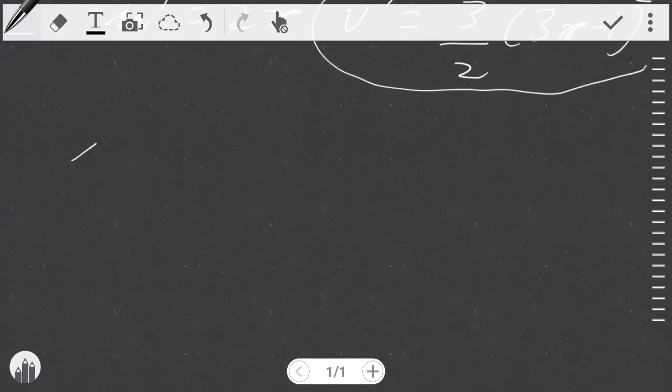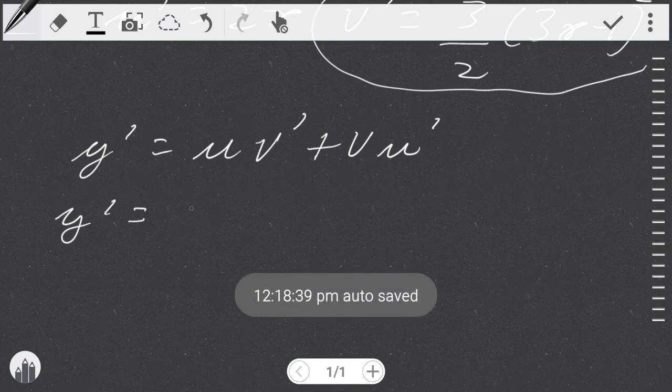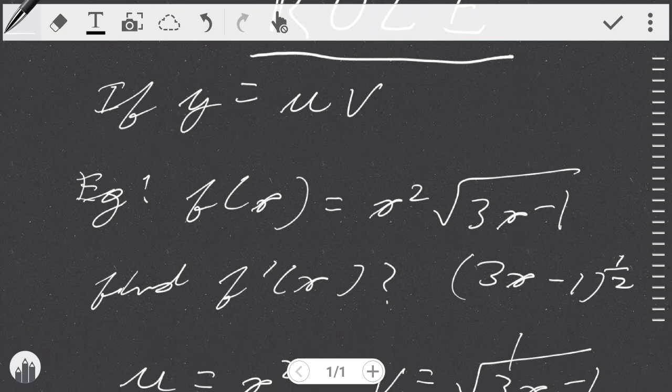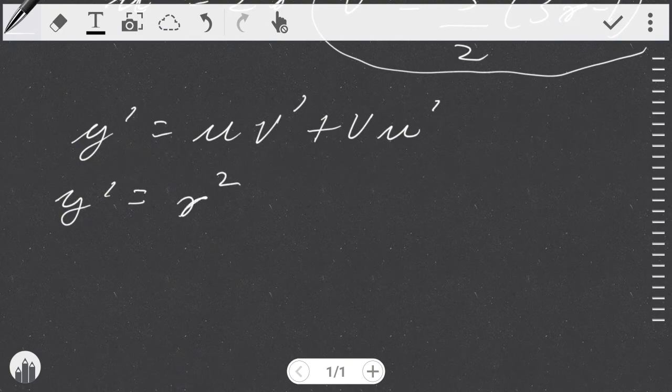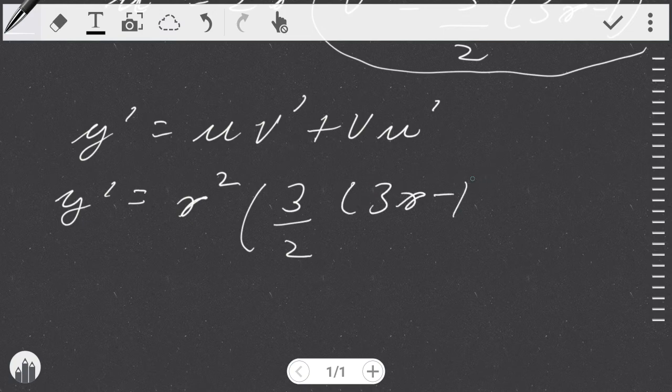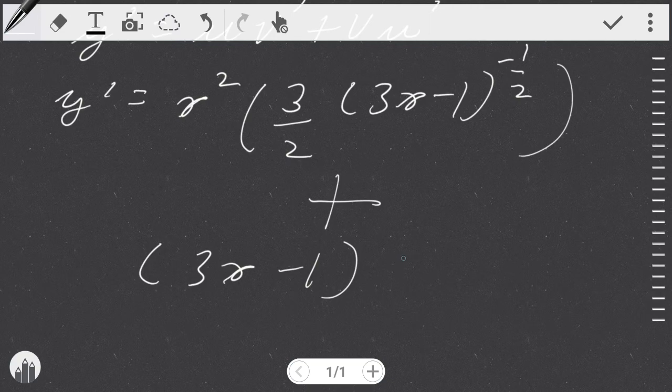So one more time I'll write it here: y dash equals u v dash plus v u dash. So y dash equals u, which we have found to be x squared, times v dash, which is 3 over 2 times 3x minus 1 with the power of negative half, plus 3x minus 1, which is the v, times u dash, which is simply 2x.